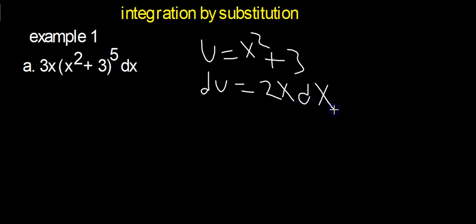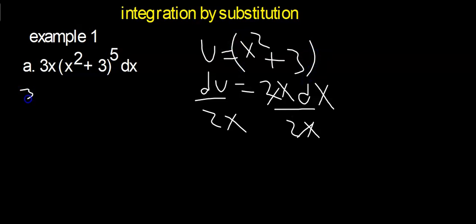Then I'm looking for the value of dx. For that reason, I divide both sides by 2x and cancel the 2x's, so dx is du over 2x. Now let me substitute u for the whole thing.